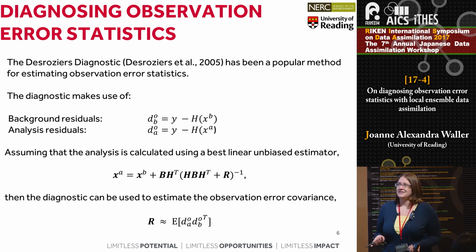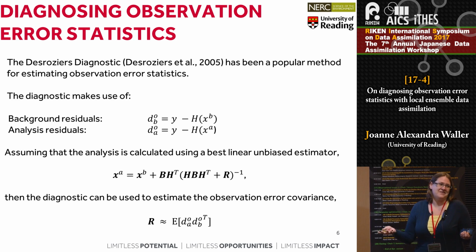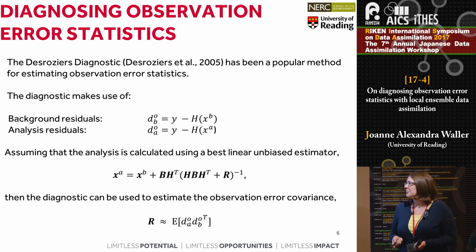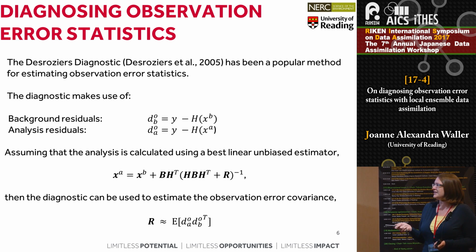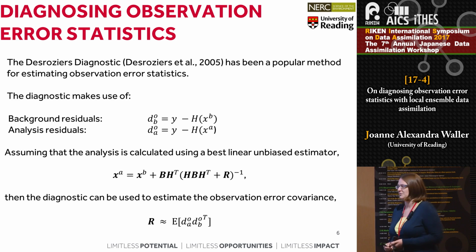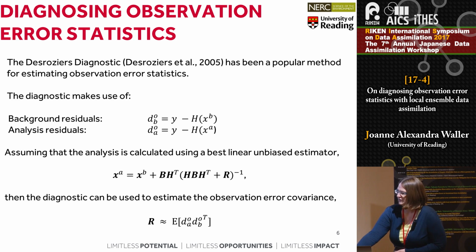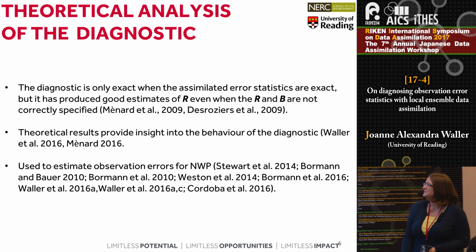So these are pieces of information that, once we've run the assimilation, we have at our fingertips and we can just use. But they do assume on the calculation of this form. And simply using this, the expected value of the background and analysis residuals gives you an estimation of your observation error correlation matrix.